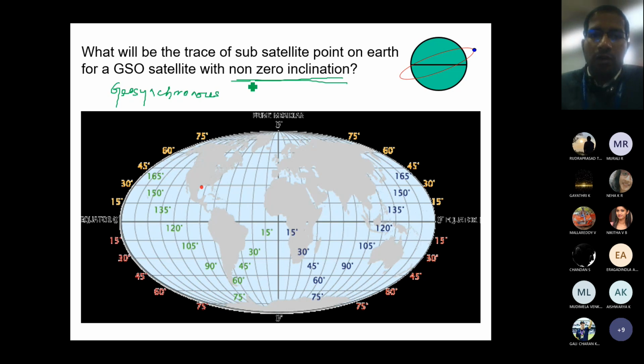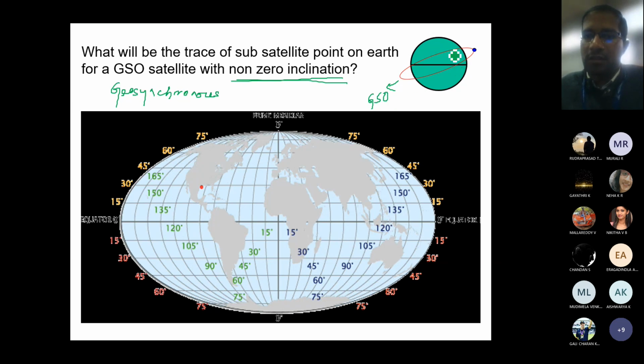And since it is given non-zero inclination, that means the geosynchronous orbit is inclined with respect to the equatorial plane. You see here, the thick black line represents the equatorial plane, and this red line represents the orbit, and this orbit is called the GSO orbit or geosynchronous orbit.